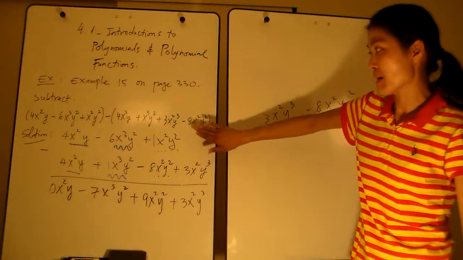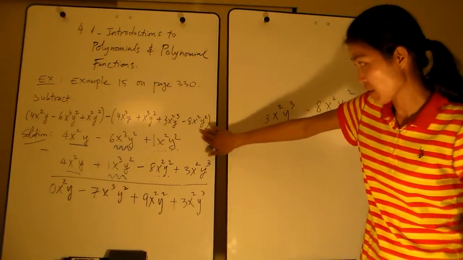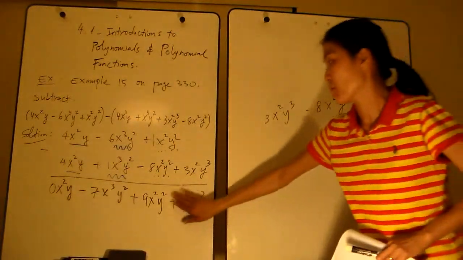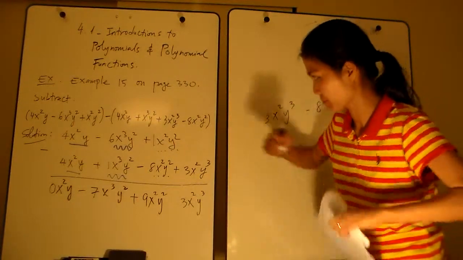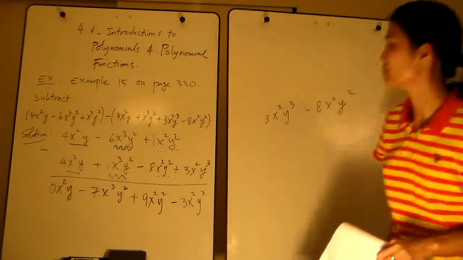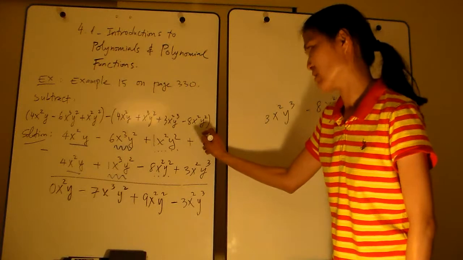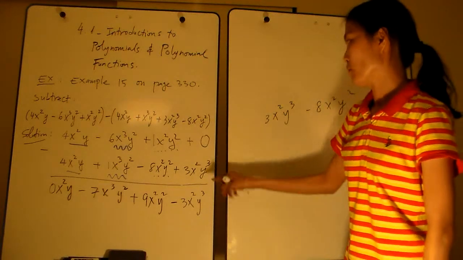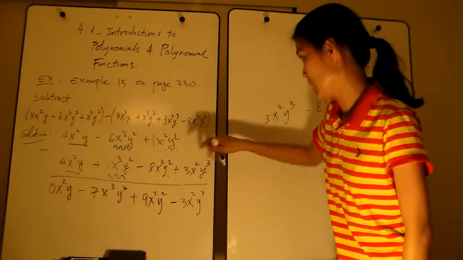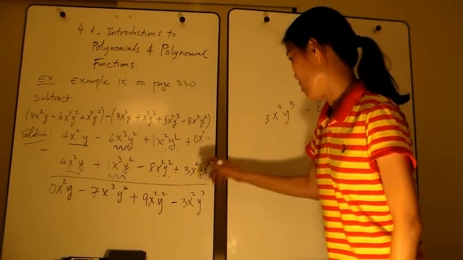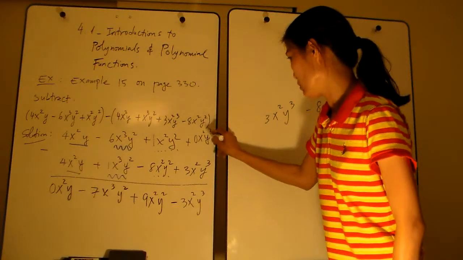There's nothing here. That means nothing here, like 0. 0, subtract this value, which is positive 3. Think about this, nothing is like 0, right? Or you can say plus 0 of x squared y third, to make you feel better.